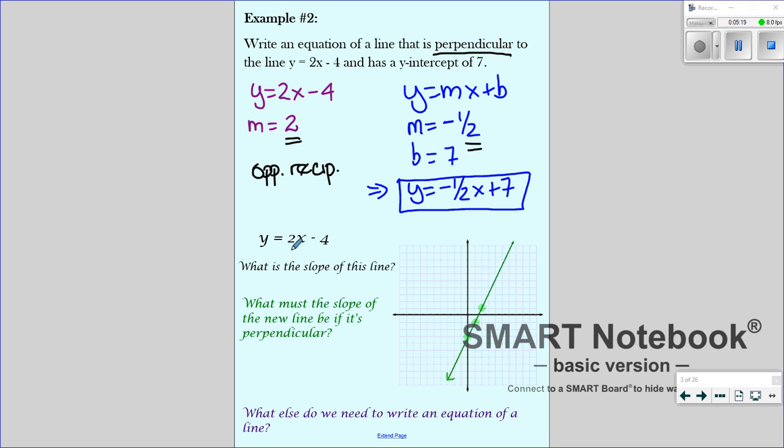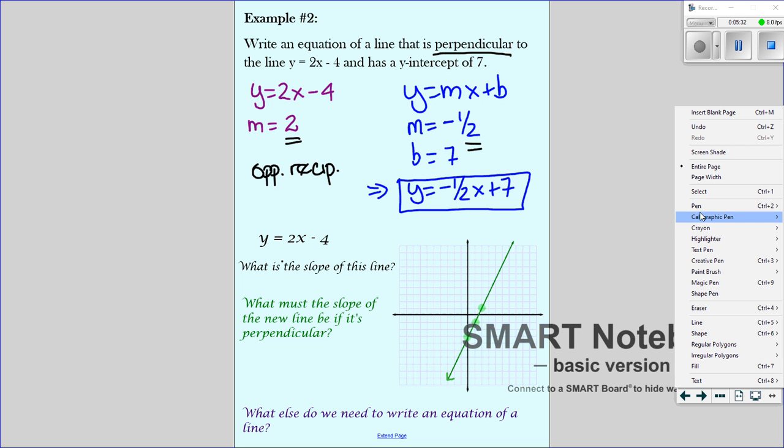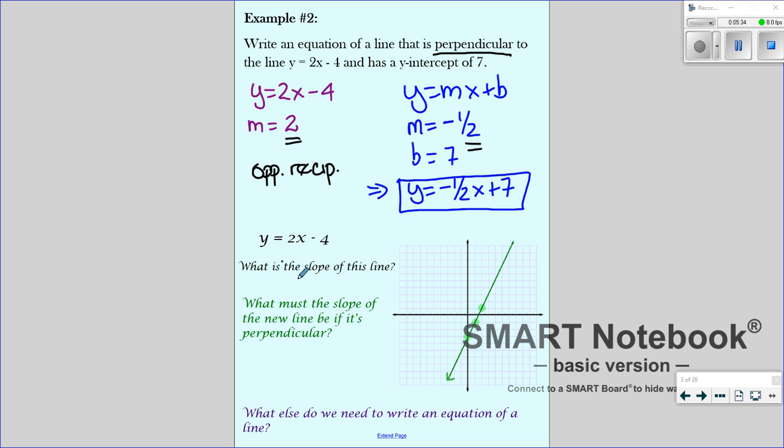Right, so again, down here is just a breakdown of what we did. They ask you what the slope of the line was. We found it, which was 2. What must the slope of the new line be if it's perpendicular? Negative 1/2. And what else do we need to write an equation of a line?